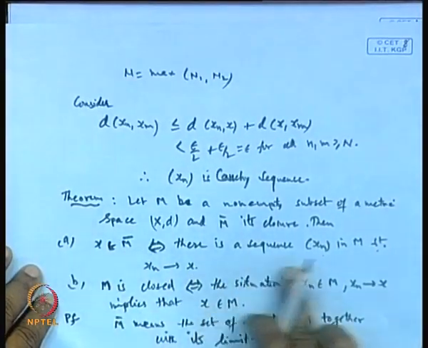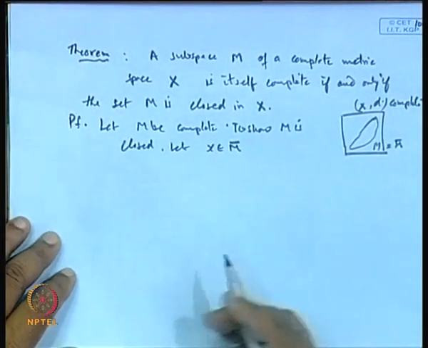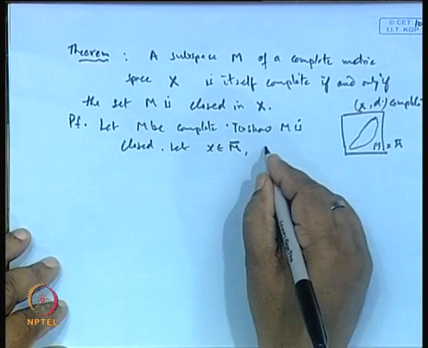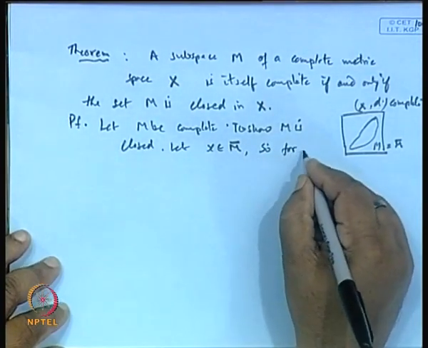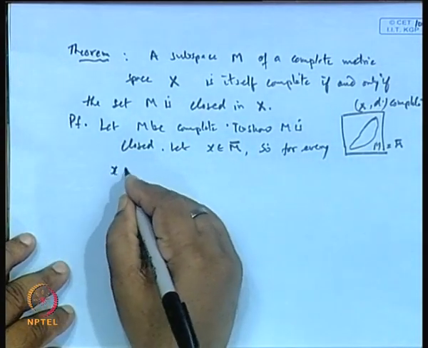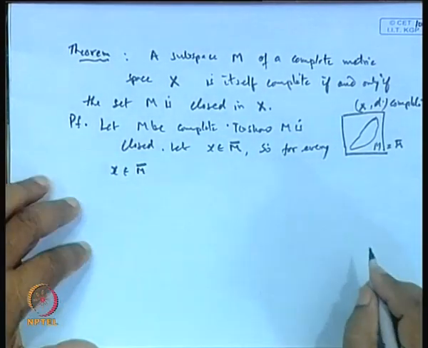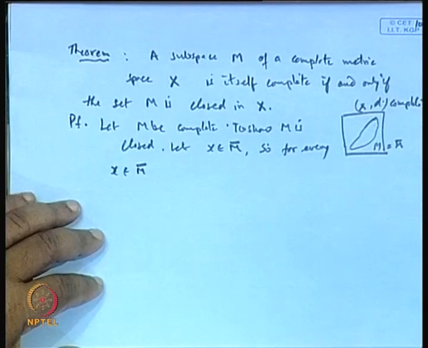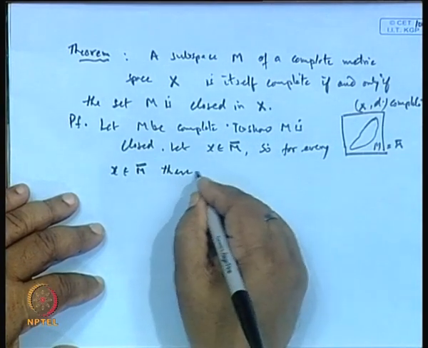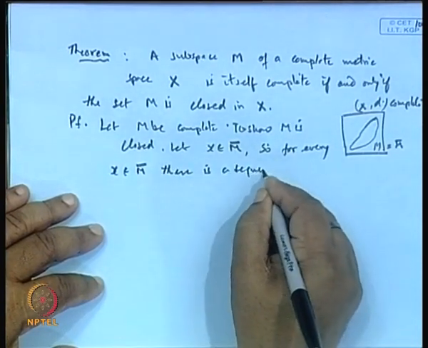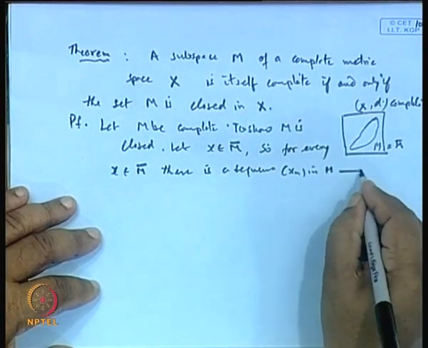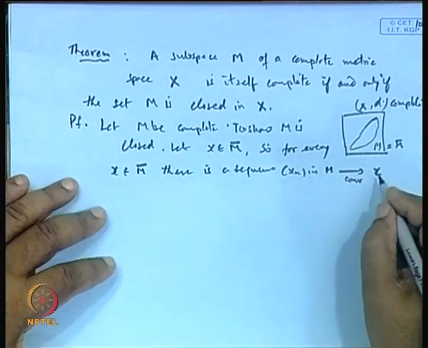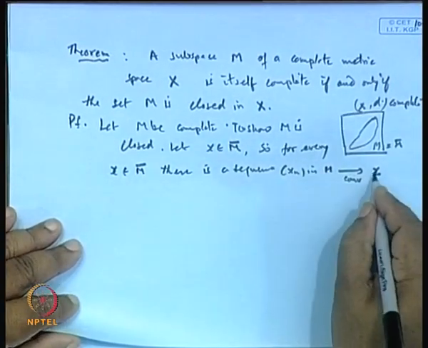If x is in M bar, there is a sequence in M such that x n converges to x. So, by the previous result, for every x belonging to M bar, there is a sequence x n in M which converges to x. But every convergent sequence is Cauchy.